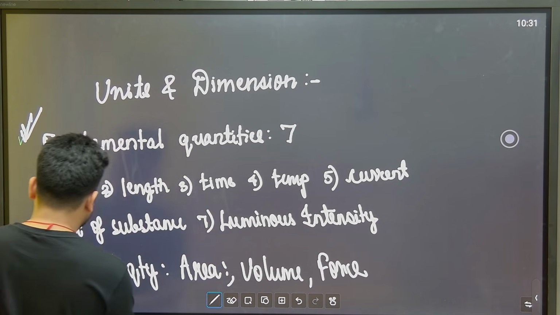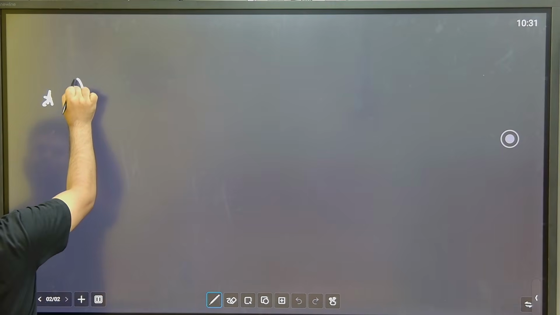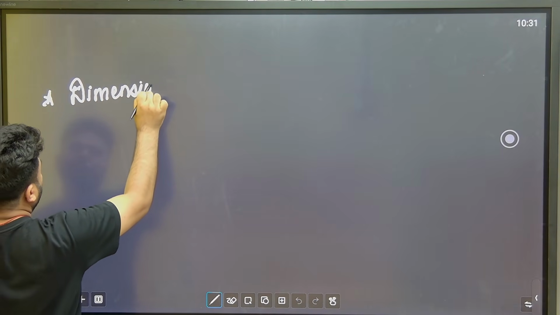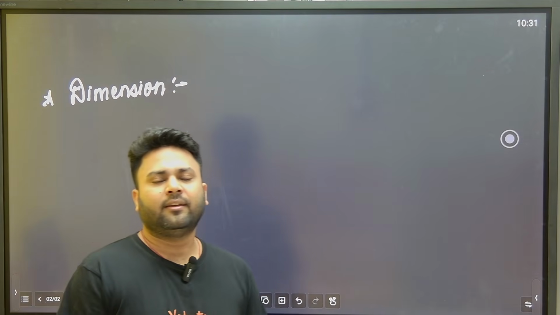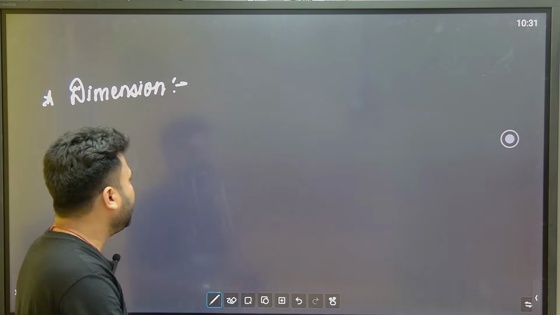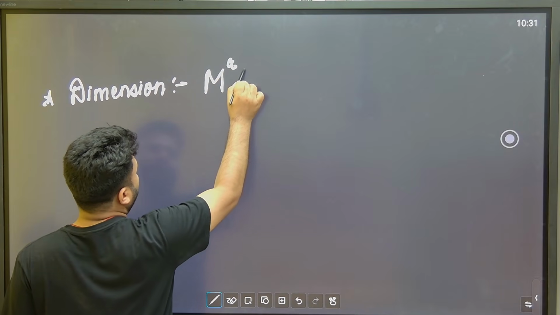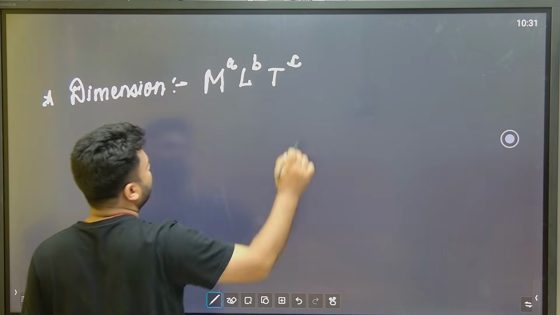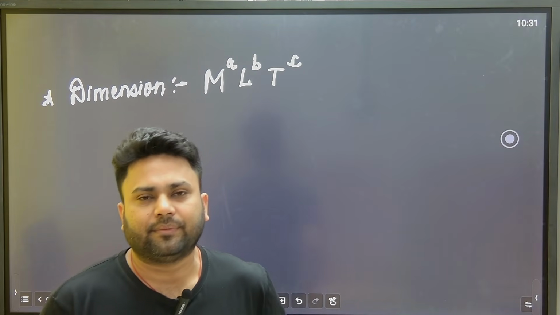Now next point, dimension. If any quantity we can define in the form of M to the power something, L to the power something, T to the power something, then we call this the dimension of that quantity.